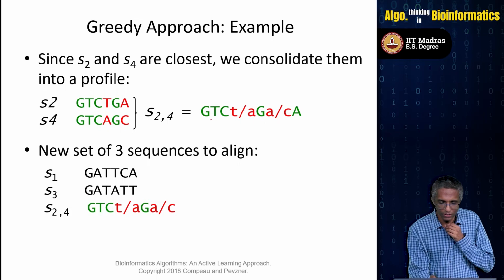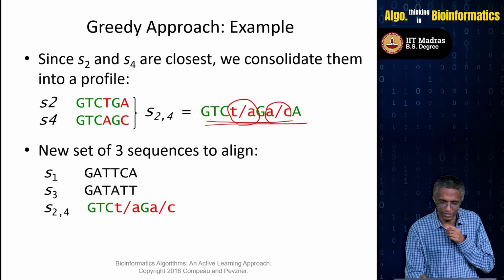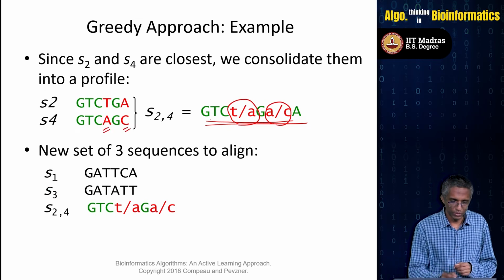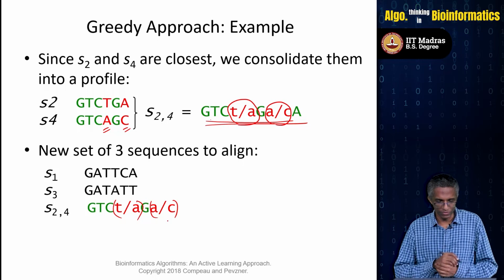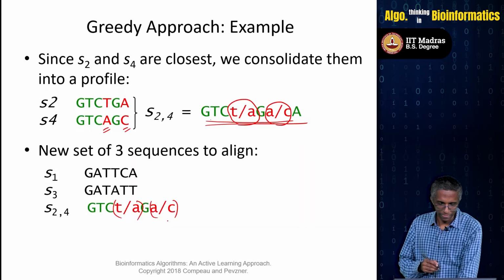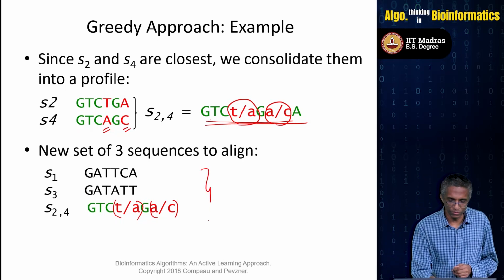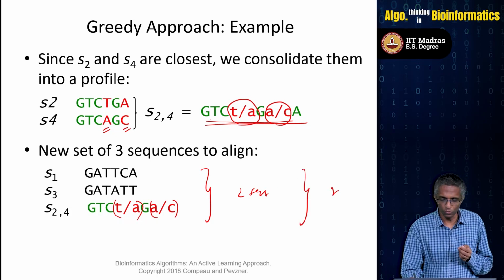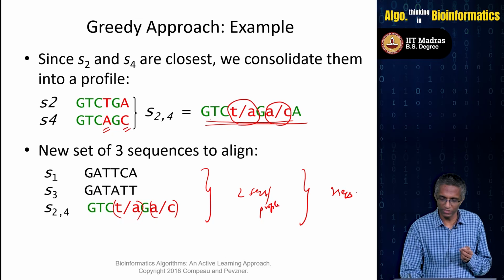This is the profile of S2 and S4, represented using this T and A and C, right? In this particular case, all the others are exactly the same. Now we have this new set of 3 sequences to align, with T, A, and C being the representation of these letters, and then you can keep iterating to reduce it down to 2 sequences, and then finally down to 1 sequence, or sequence slash profile, I will say, 2 objects and down to 1 object.